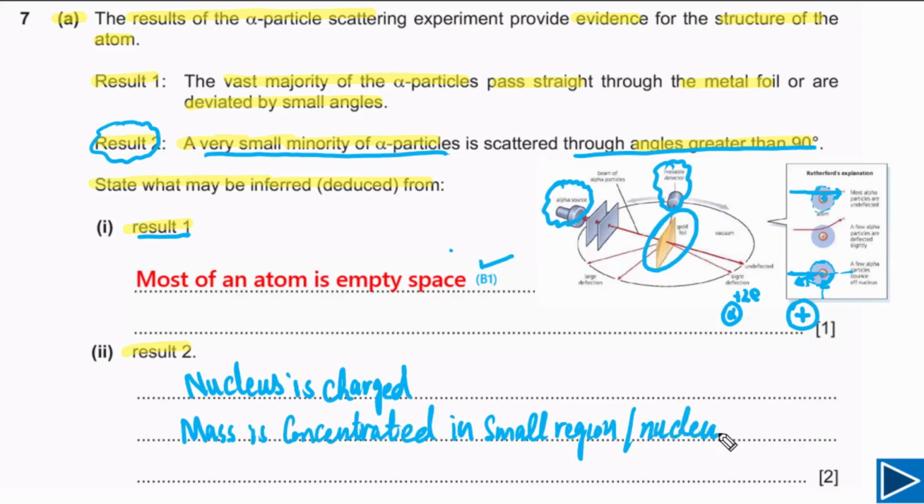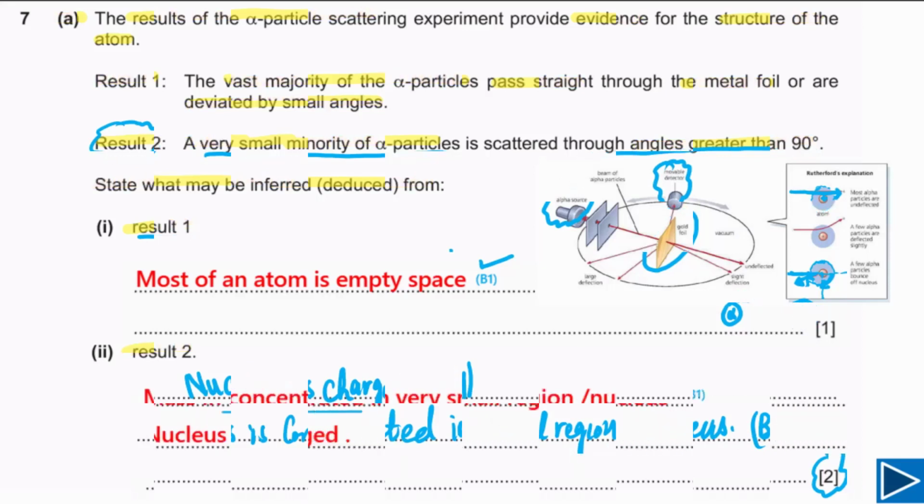If you write these 2 points, you will get 2 marks, because this part has 2 marks. The first mark is for writing that the nucleus is charged. The second mark is for writing that mass is concentrated in the nucleus. These 2 marks are B marks, meaning they have to be in your answer.